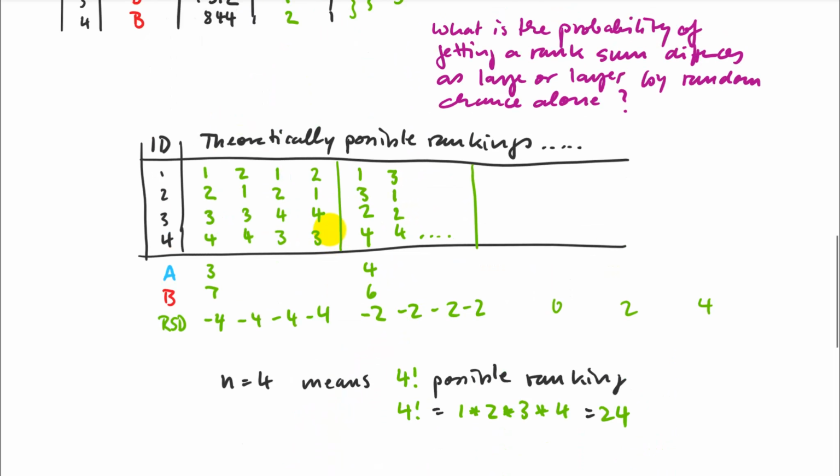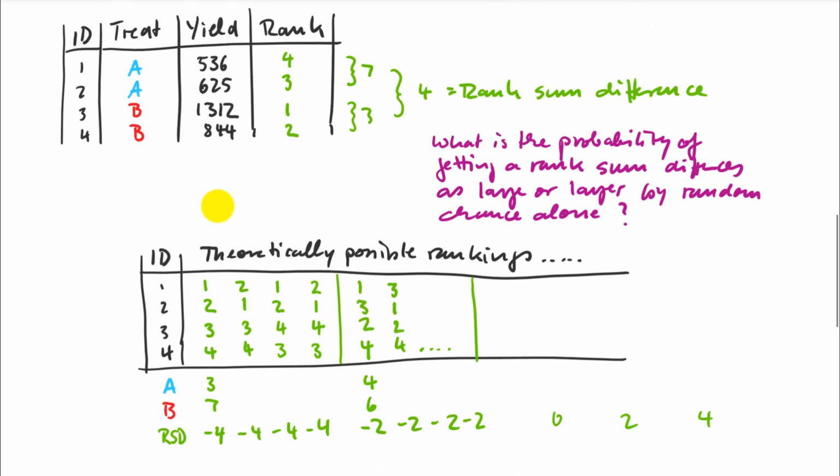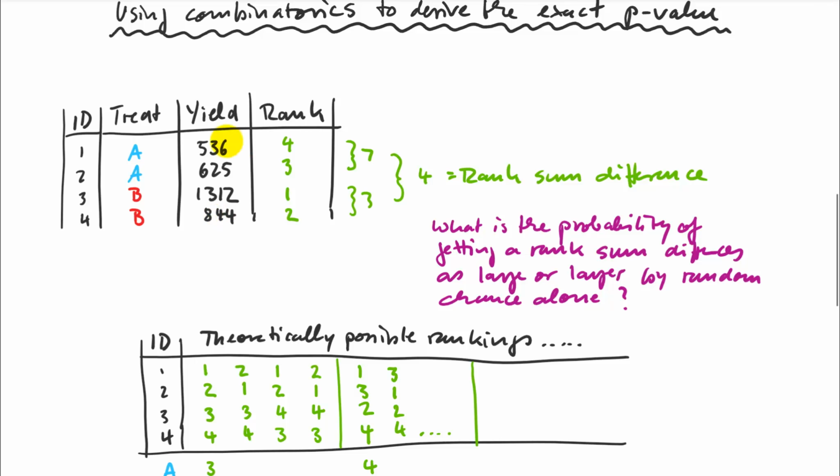And the reason is also quite clear, because they don't consider the magnitude of the observations, right? So in this case, let's say my actual yield values were, let's keep those values, so 500 and 600, and then for my treatment B, they would be 700 and 800 or something like that. So then they would rank 1, 2, 3, 4.